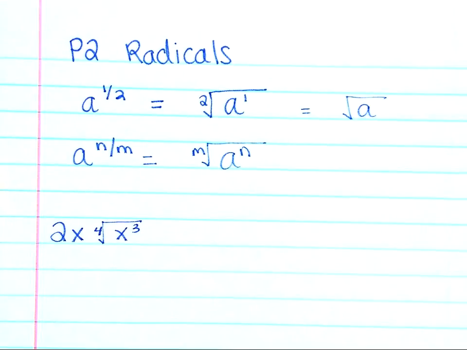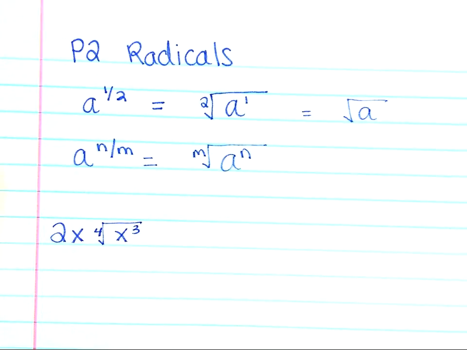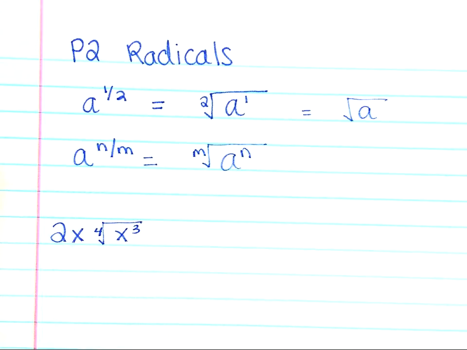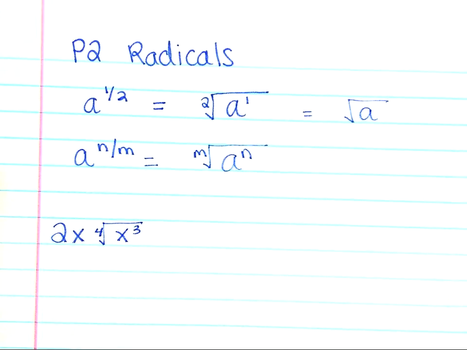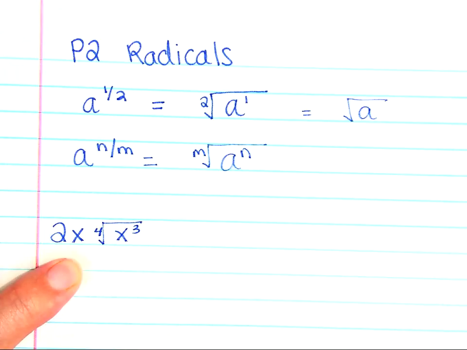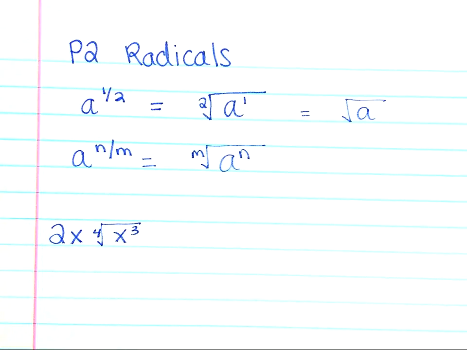So we've got 2x times the fourth root of x to the third. So we need to rewrite that in exponential form because this is already partially in radical form. So we're going to go ahead and rewrite that so it's in exponential form. And as soon as you see a radical, then you should be thinking, I should have a fractional exponent.